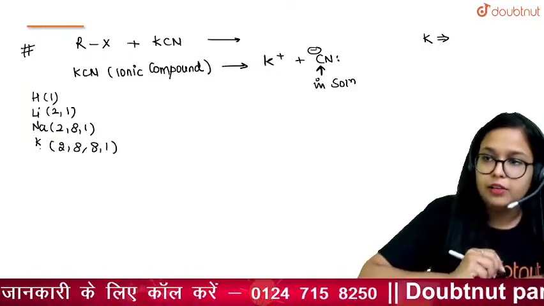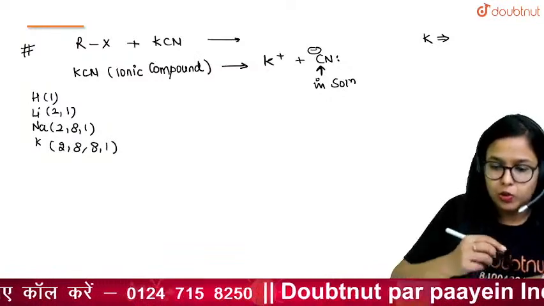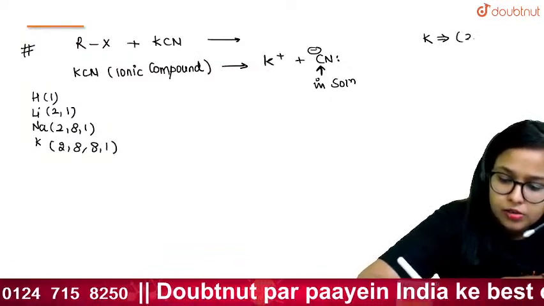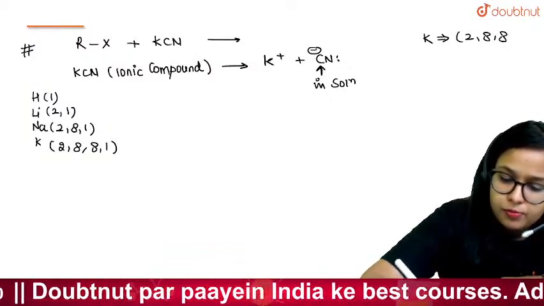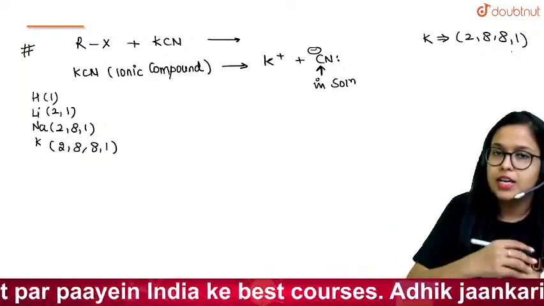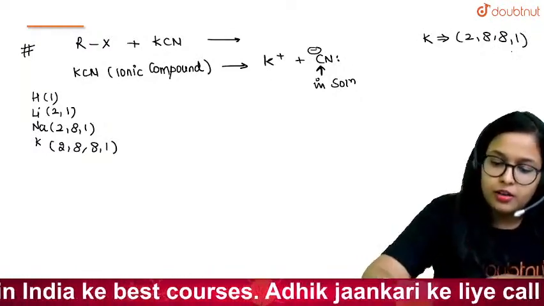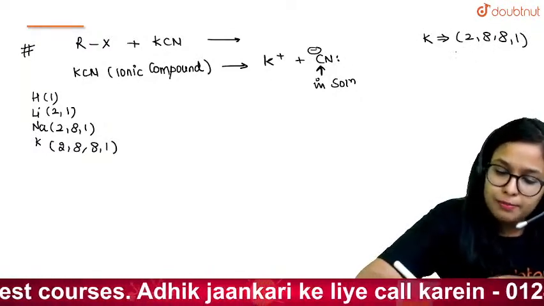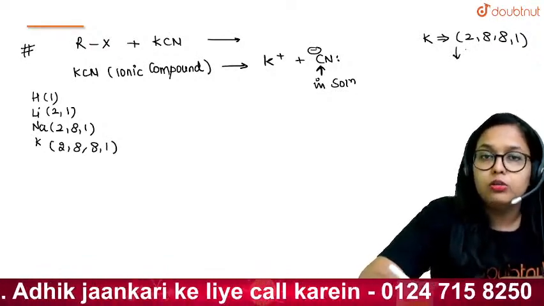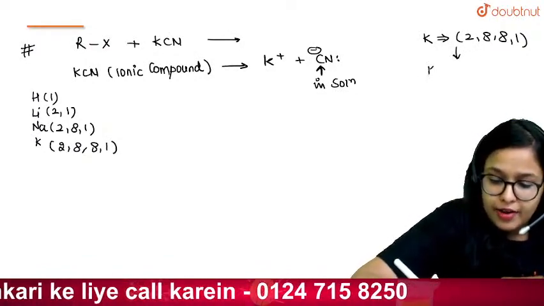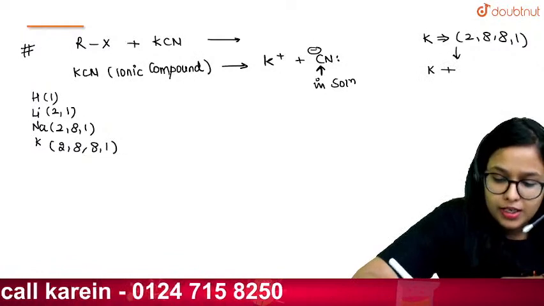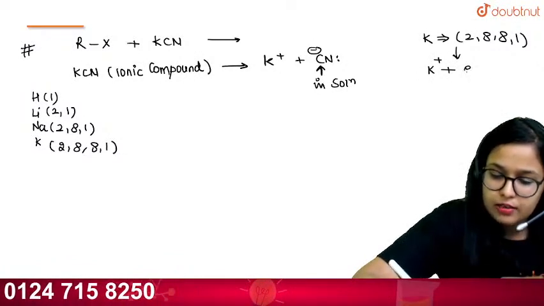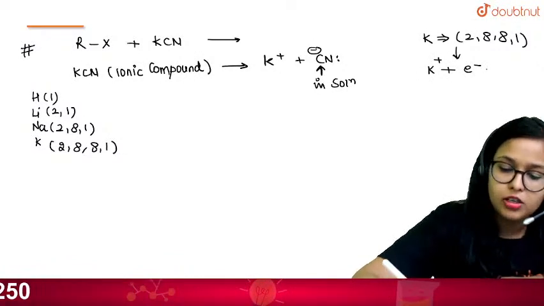You know that, right? We have done this in class 10th also. The electronic configuration of potassium is 2 8 8 1, right? To complete its octet according to Lewis theory, it is readily able to lose its electron and convert itself into K positive, and an electron is lost from it.